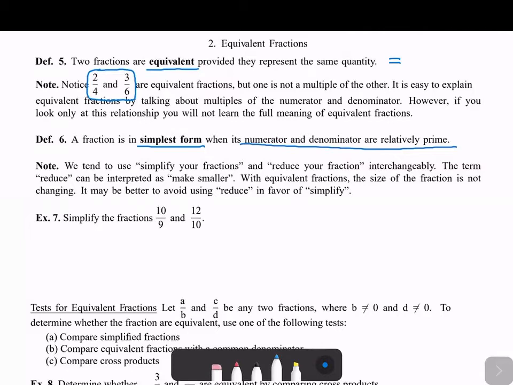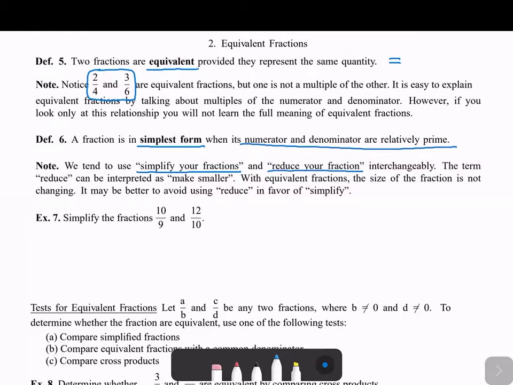Another note about how we say things: we tend to say simplify fractions and reduce fractions interchangeably. But the way we use reduce colloquially outside of math, reduce is typically associated with decreasing, as in a reduction, making things smaller.